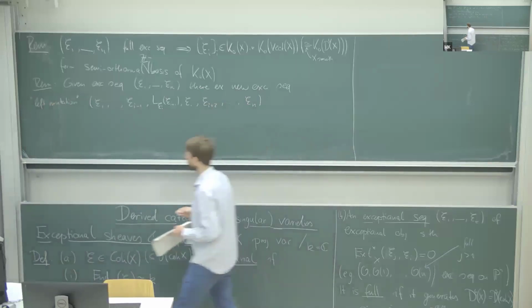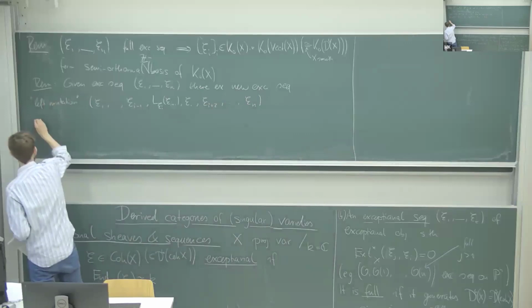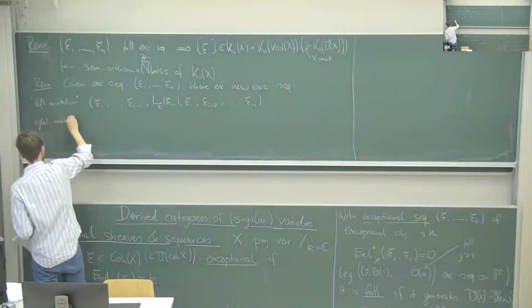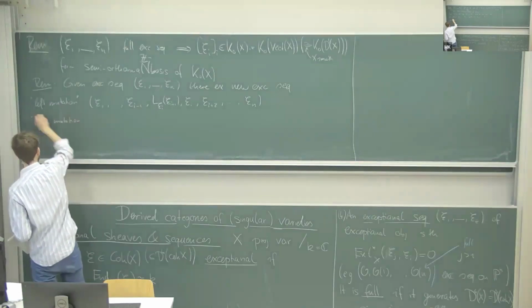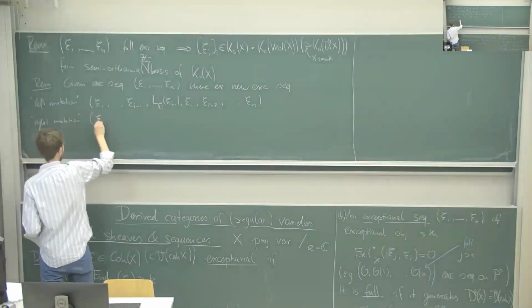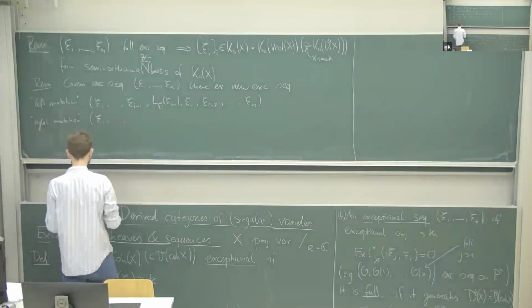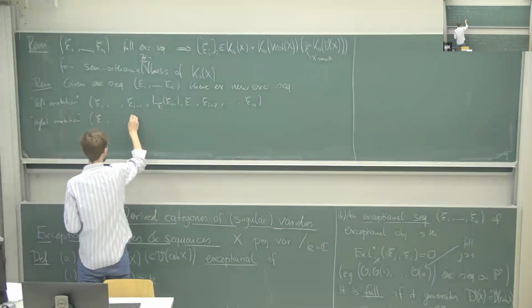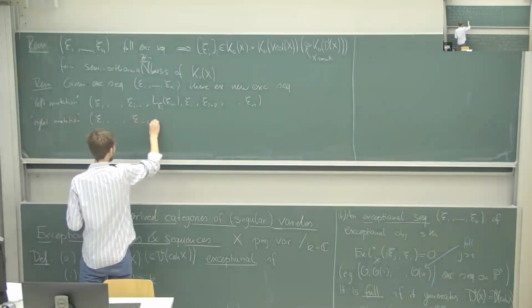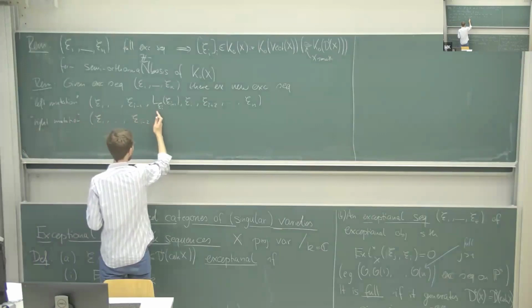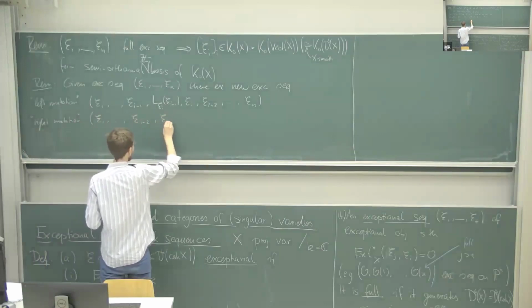And then there's a dual notion of a right mutation. That takes E1 up to Ei minus 2. Then we would have Ei minus 1 here, but this is moved to the right. So we continue with Ei.